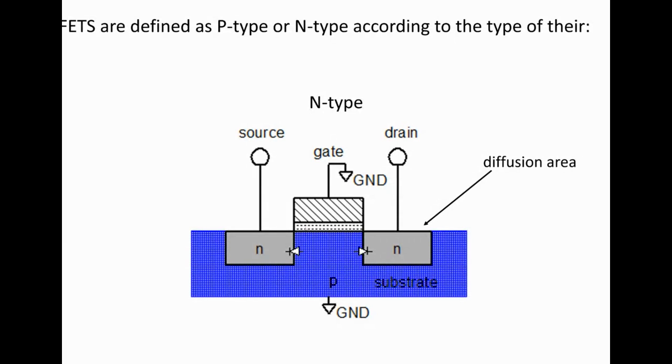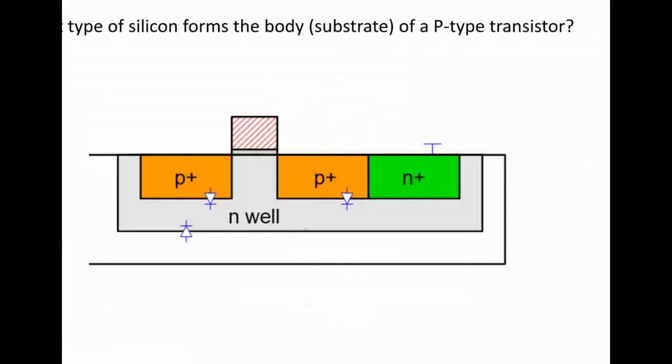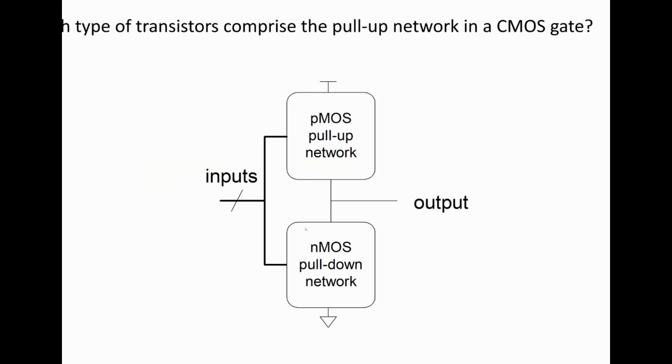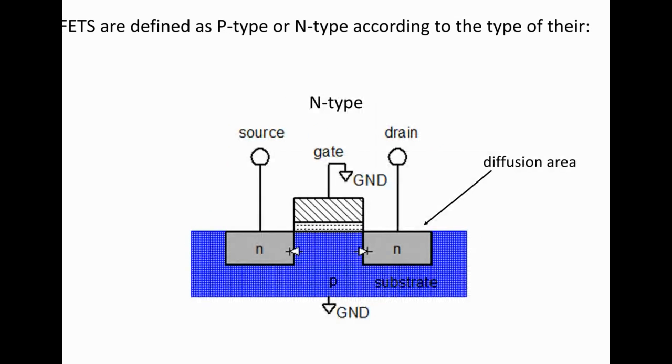MOSFETs are defined as P-type or N-type according to the type of their diffusion area. Didn't we already have that question? Oh, yeah, we had the body. The earlier question asked about the body of the P-type transistor. So the body is of the opposite type of the diffusion areas, and the type of the transistor is named after the type of silicon in the diffusion area.